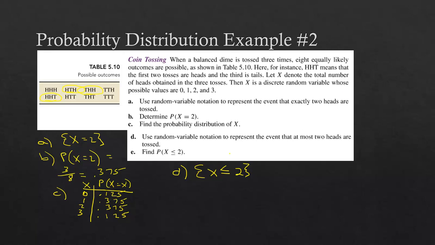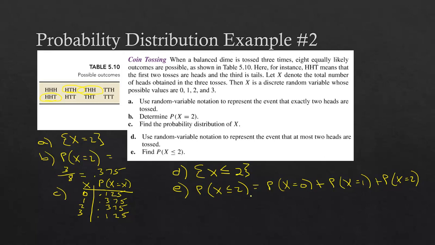All right, well, let's find the probability that X is less than or equal to 2. Well, think about what that actually means. That's the probability that X equals 0, because that's less than 2. That's the probability that X equals 1, because that's less than 2. And it's the probability that X equals 2, because it has the equal to bar under it, so it can be equal to 2.